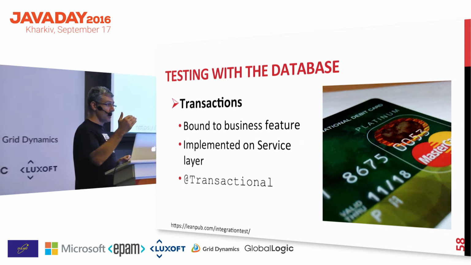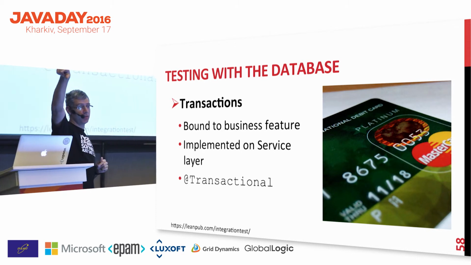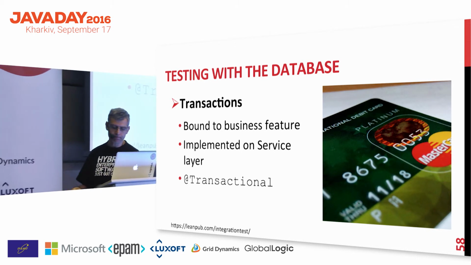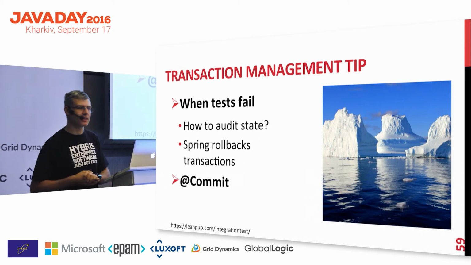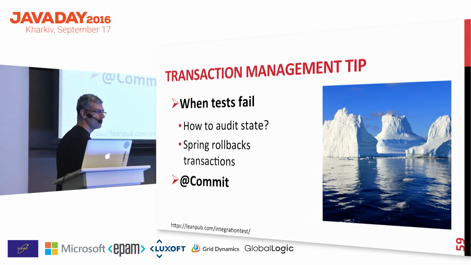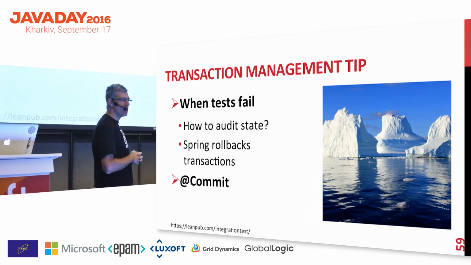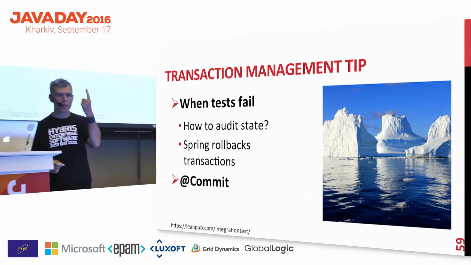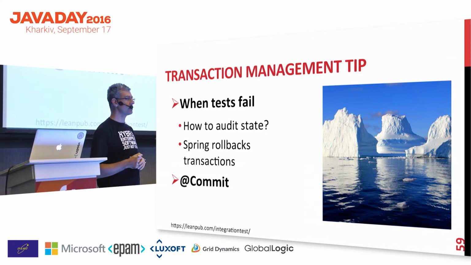So normally, you put your transactional boundary in the service layer with a transactional annotation, right? Hey, there is a little funny thing about Spring Test, that by default, it will roll back everything after the test. Probably because it was designed at the time when there was one single database and you didn't want to pollute the state of the database.